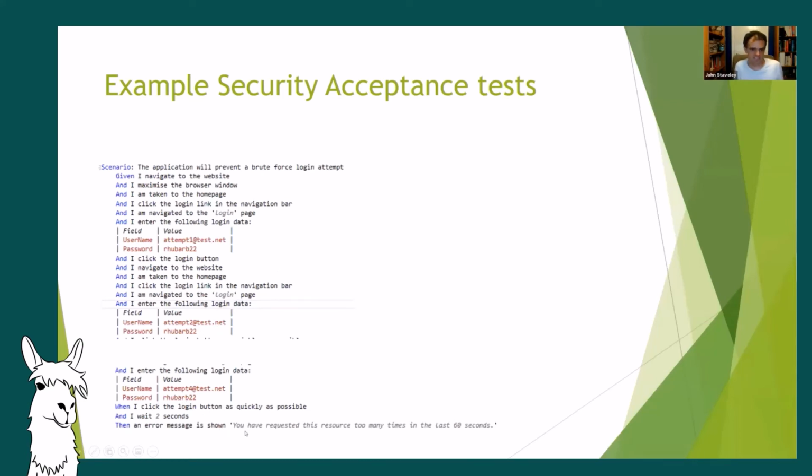Within 60 seconds, if I do that, it'll show this message here, which is designed to slow down attackers: you've requested this resource too many times in the last 60 seconds. So if I do a post against the login page more than 4 times in 60 seconds, then I'll get kicked back. That's a test designed to show that this is functioning correctly.